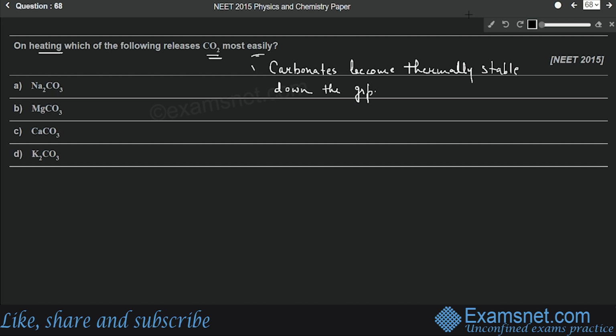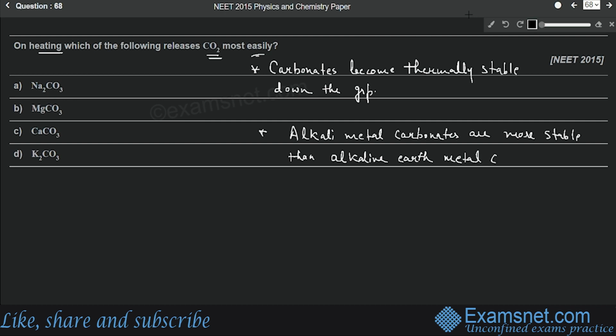Okay, this is one point, and the other point is that in general alkali metal carbonates are more stable than the alkaline earth metal carbonates.